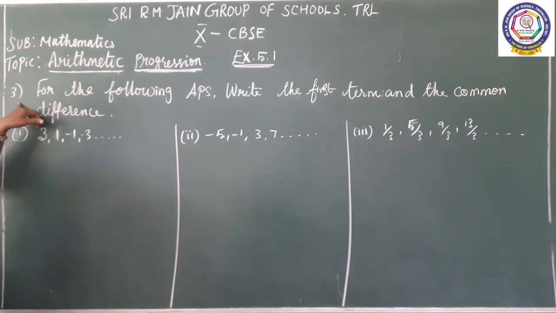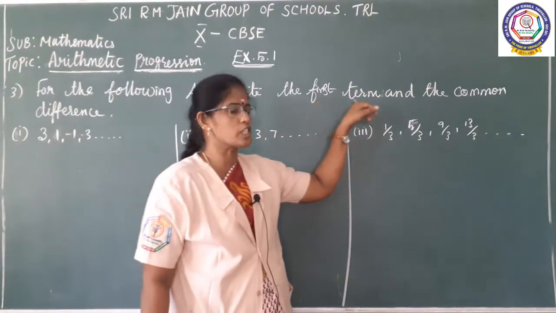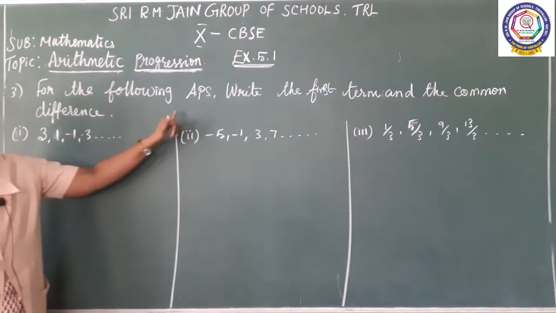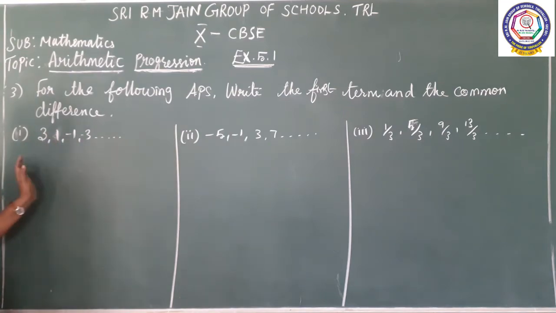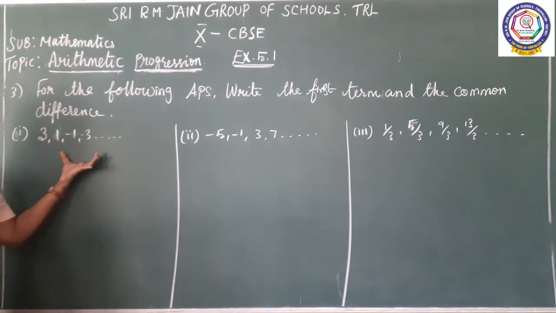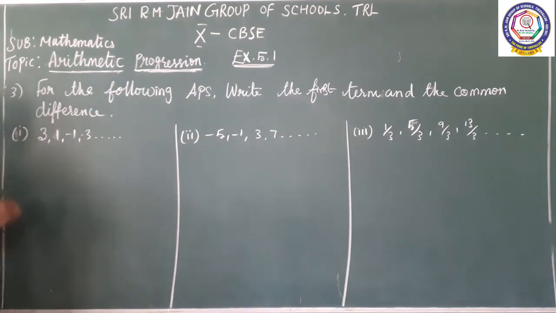Question number 3. For the following APs, write the first term and the common difference. Here the question itself is given, it is an AP. We have to write the first term and common difference. We know that the first term is a. So a is equal to 3.